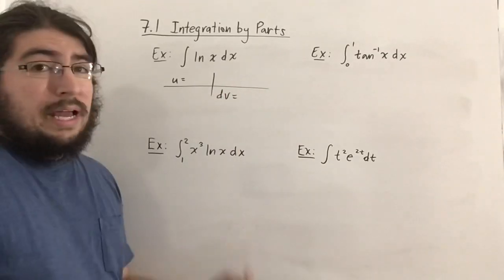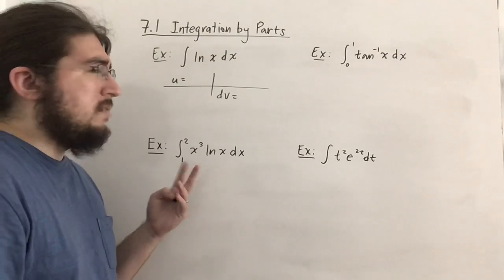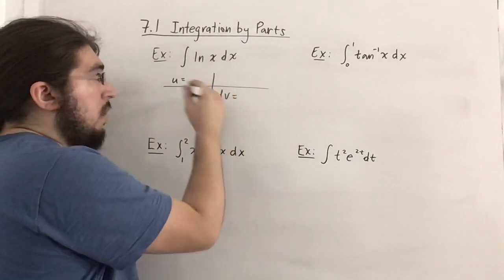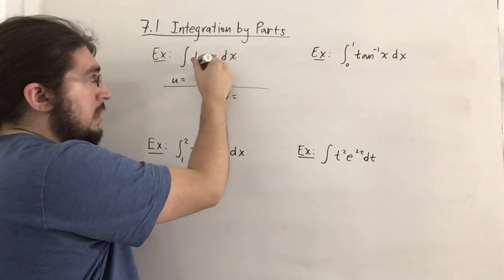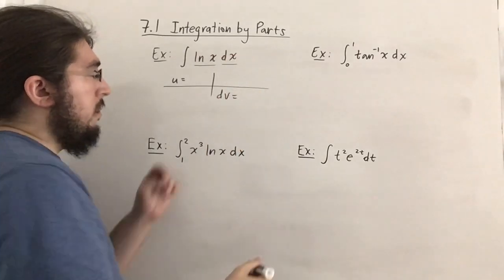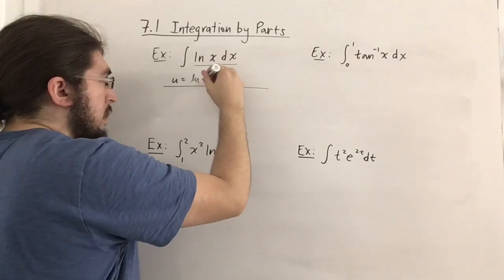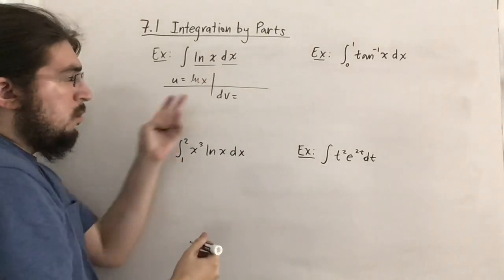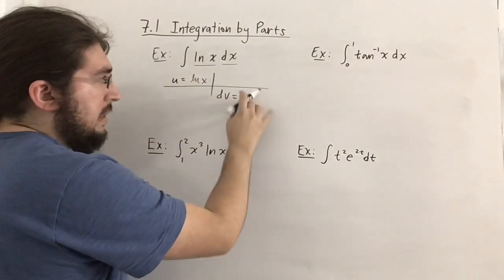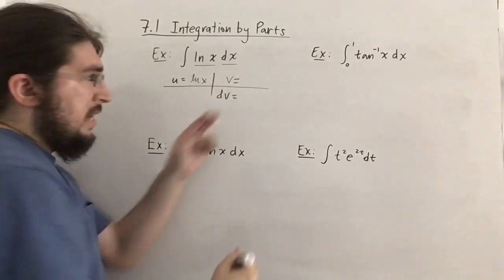And we only really have one choice. Well, I guess we have 2 choices for u. Either u is 1, because technically this is 1 times ln of x, or it's ln of x. Now, u will be ln of x. If it was 1, then notice dv would be ln of x, and to find v, you would have to find the antiderivative of ln of x.